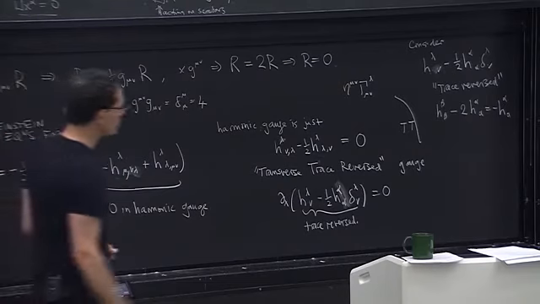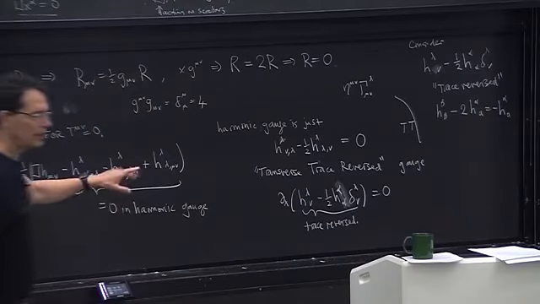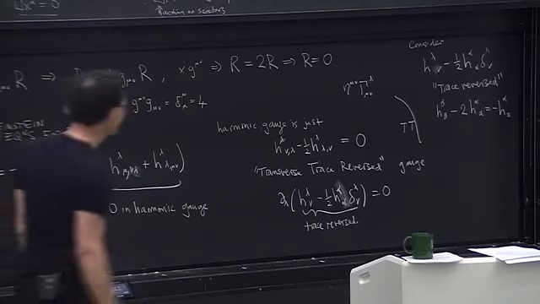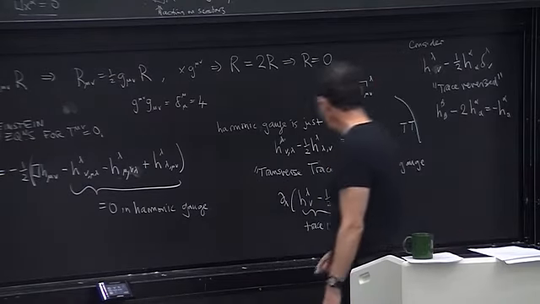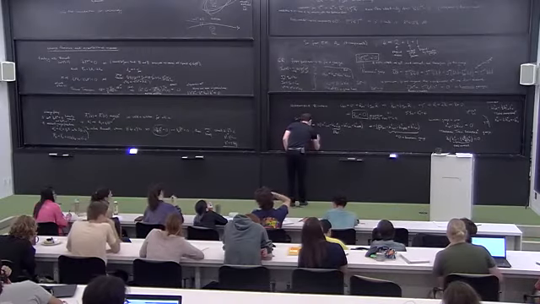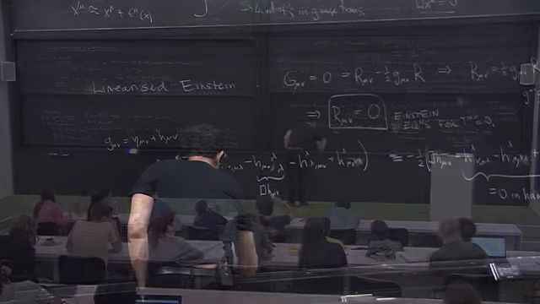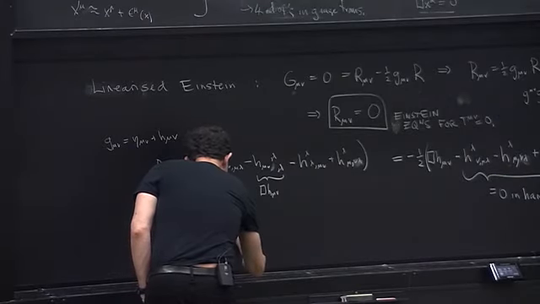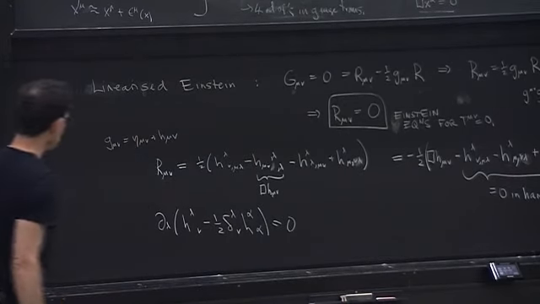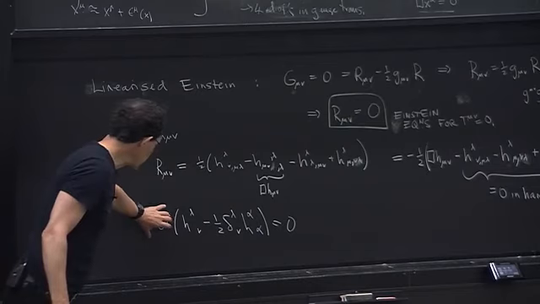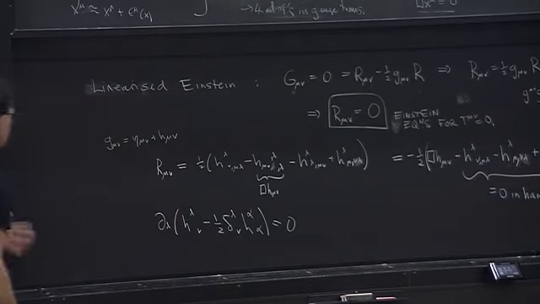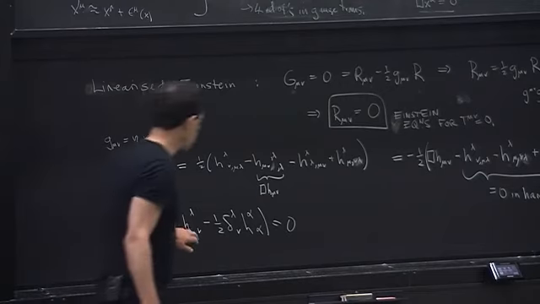Yeah, sorry, I shouldn't have written on that one. Some of you probably can't see that. Write it out again here. So d lambda of h lambda nu minus 1/2 delta lambda nu h alpha alpha equals 0. Transverse means when dotted with the derivative, the 4 divergence vanishes, and trace reversed is this.